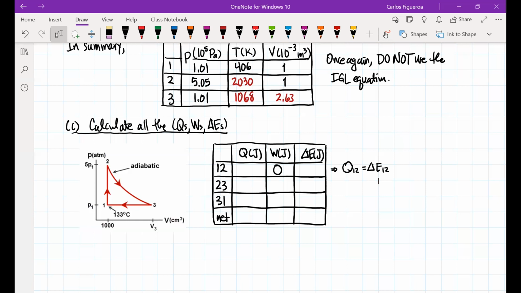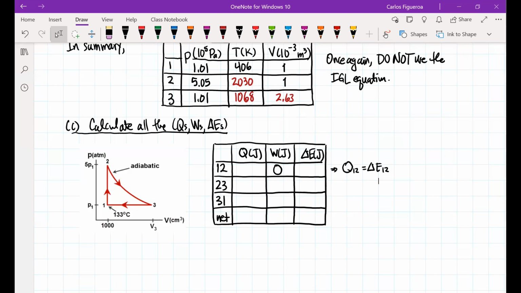So there's two conditions. The cycle of the internal energies has to be equal to 0. So are they 0? What I'm going to do here is punch in my table right here so that I don't have to go back and forth. So let's go check this.